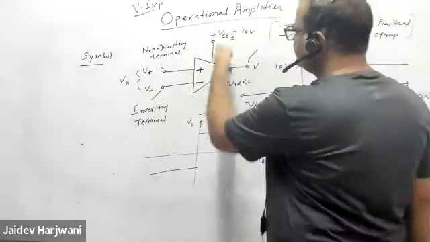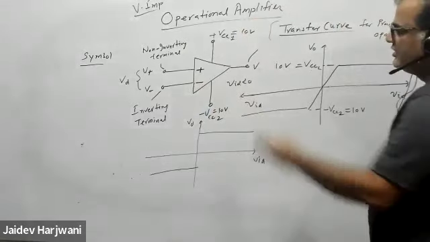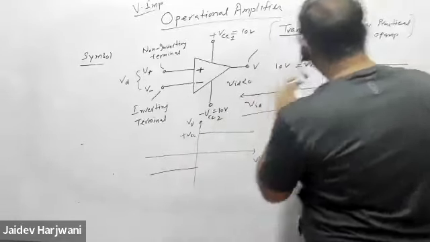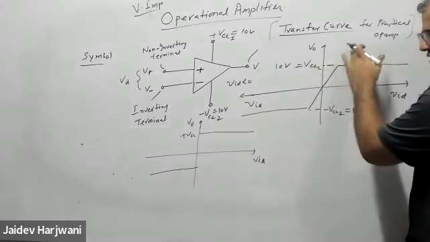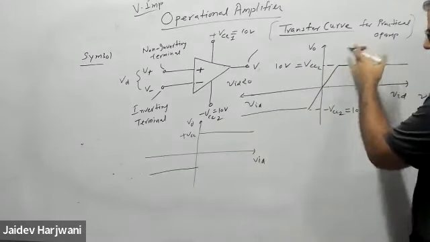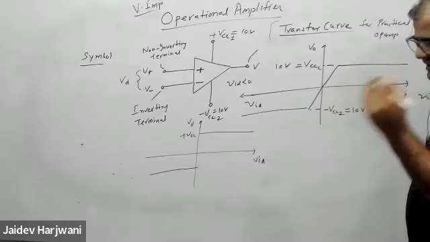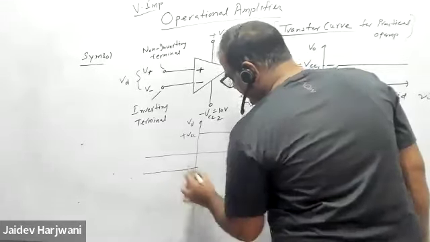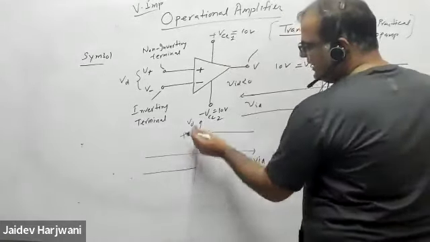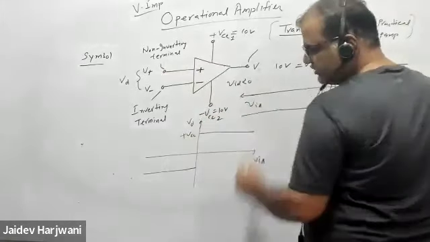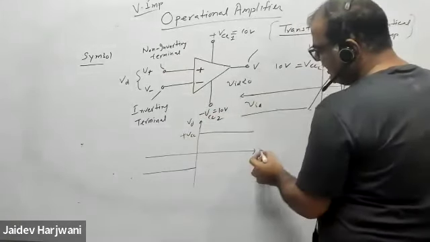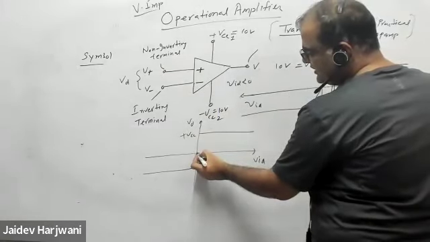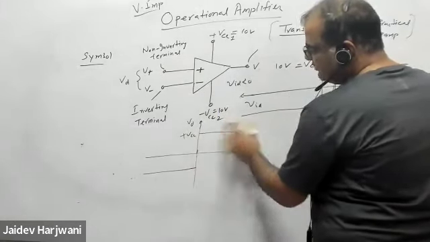Infinite cannot come, so it will saturate to the VCC's value. This is for the practical case. Gain can be 10 to the power 3, 4, 5. But if the gain is infinite, which is the ideal op-amp, then anything you apply, it will saturate. Or suppose this is a millivolt scale and you're applying a difference in microvolts, it will come like this here and saturate. So that will not be visible.